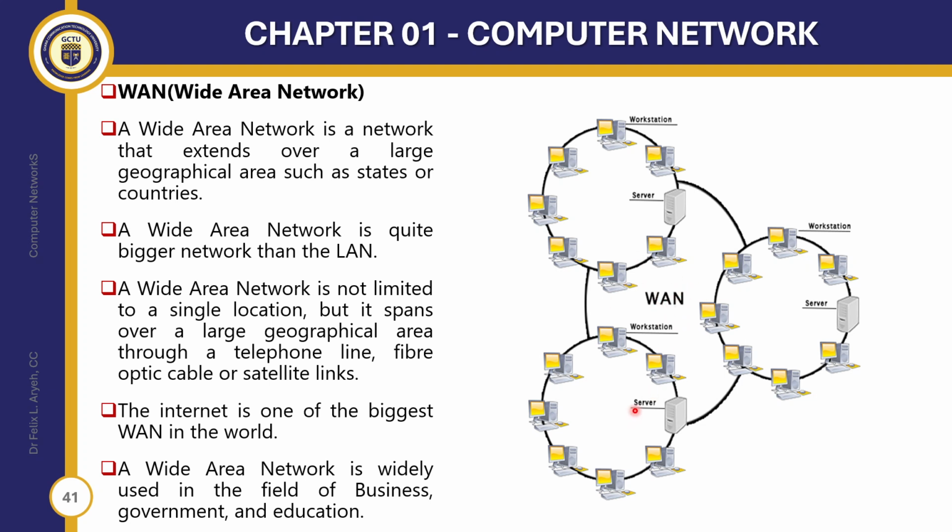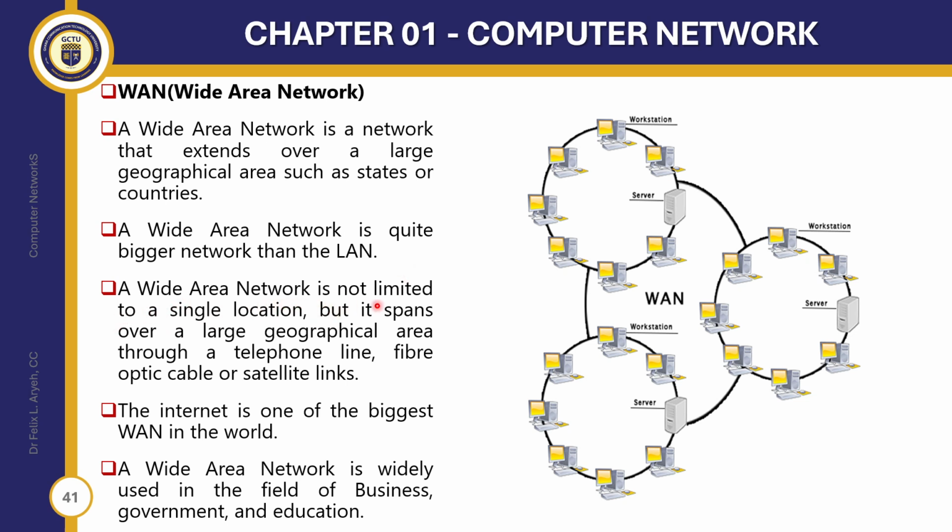So it tells you that all the metropolitan area networks coming together for a country, and also connecting from two different countries, are linked with what we call the wide area network. It's quite a bigger network than the LAN and the MAN.